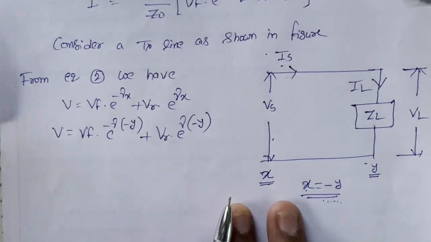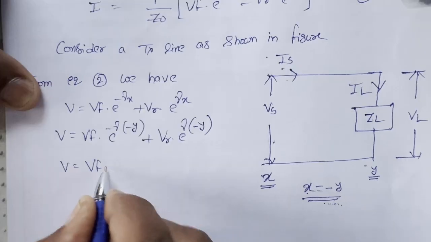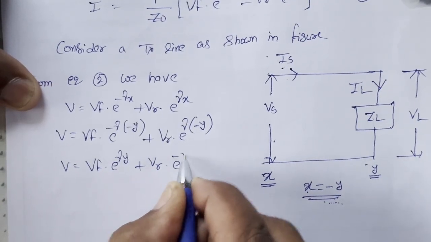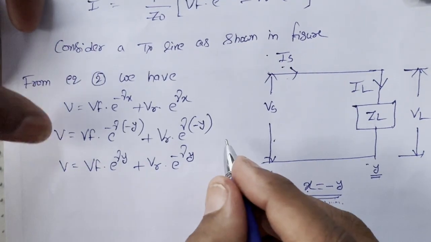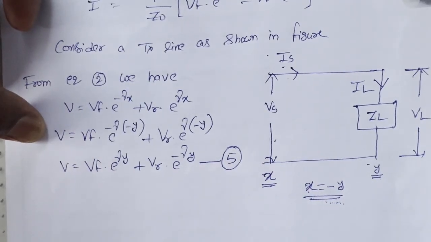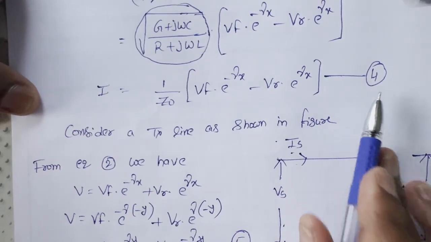Then V equal to Vf into e power gamma y plus Vr into e power minus gamma y. Let this be equation number 5.